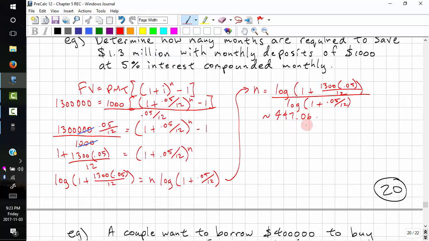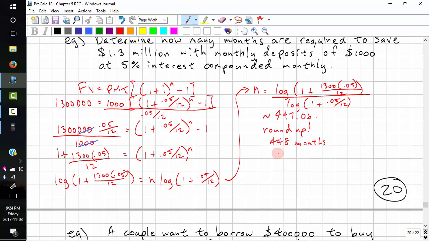We won't have $1.3 million if we have 447 months, so we round up. At 448 months, we will have the 1.3 million.